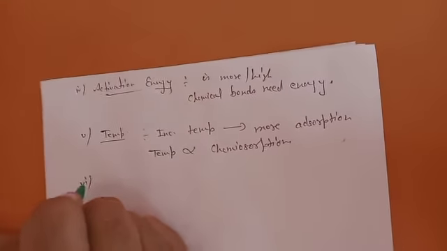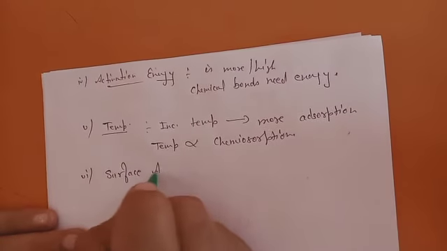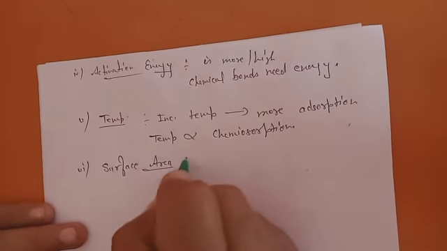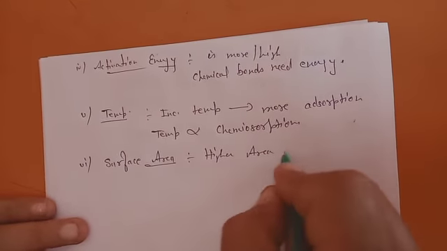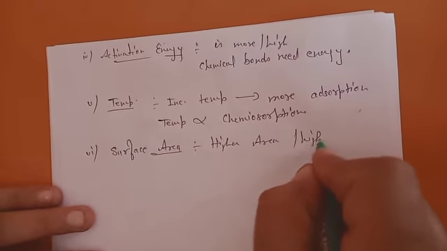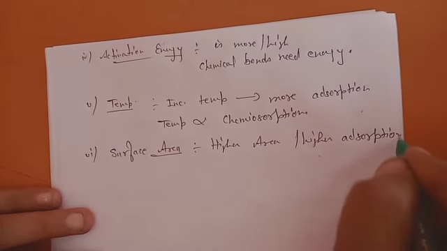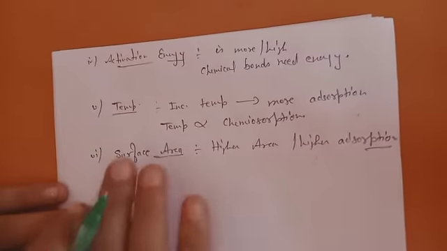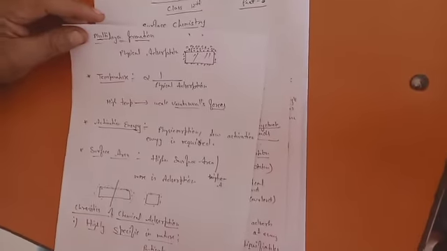The similarity is only about the surface area in both cases. Surface area, meaning to say, higher the area, higher will be adsorption. In both cases, that is true. That is same in both cases. All other characteristics you will see are different, having almost inverse relations.